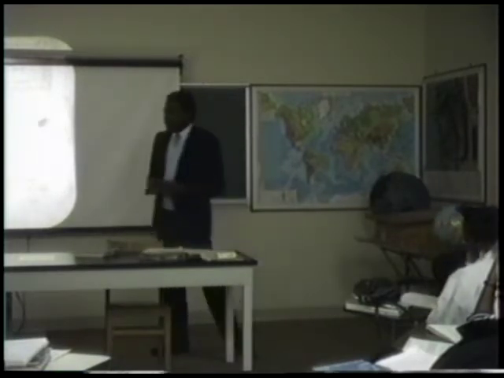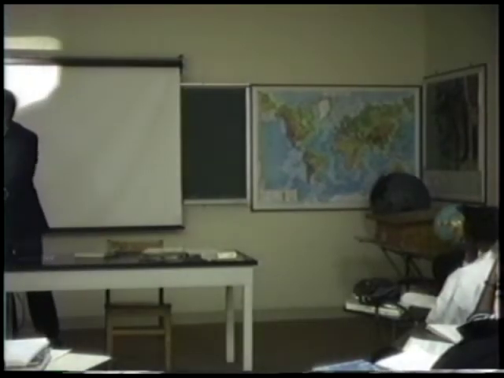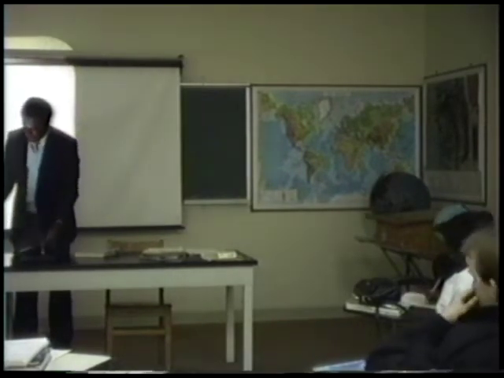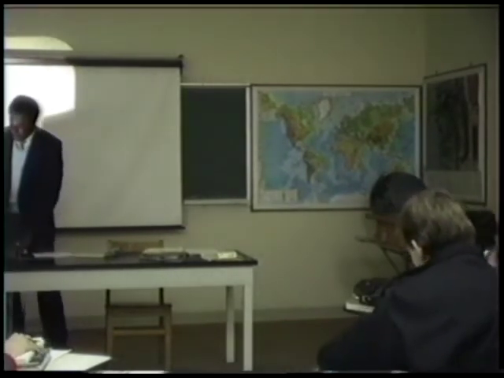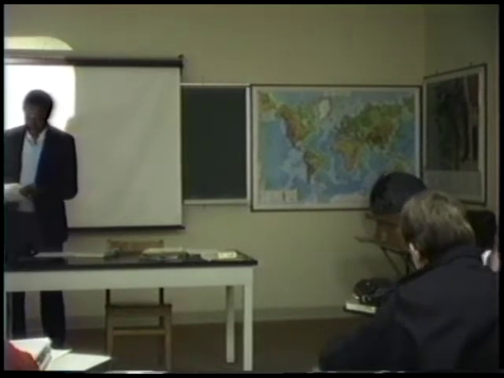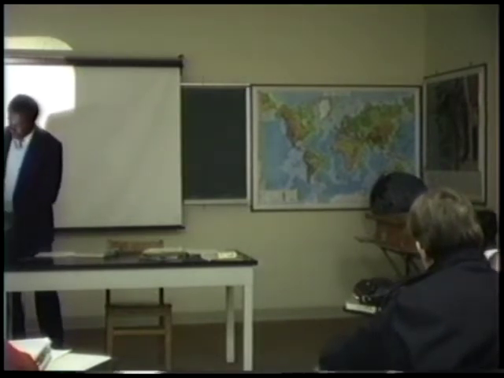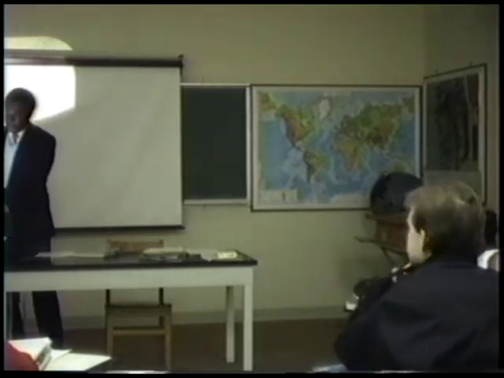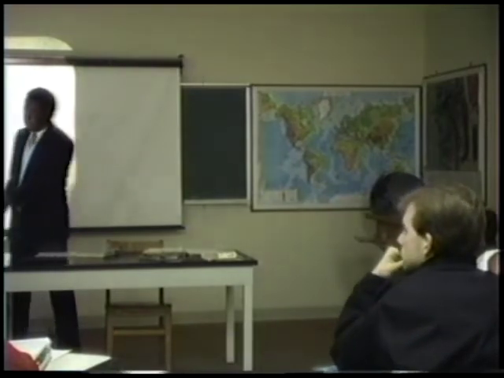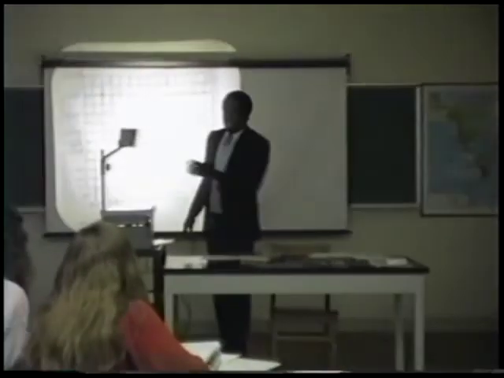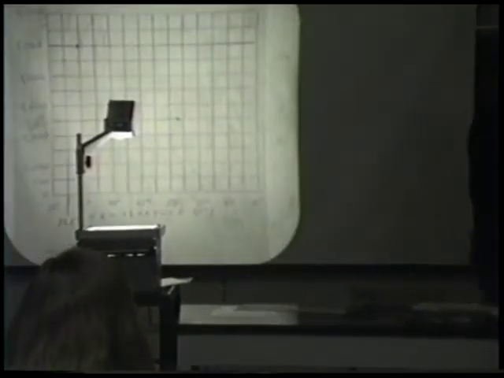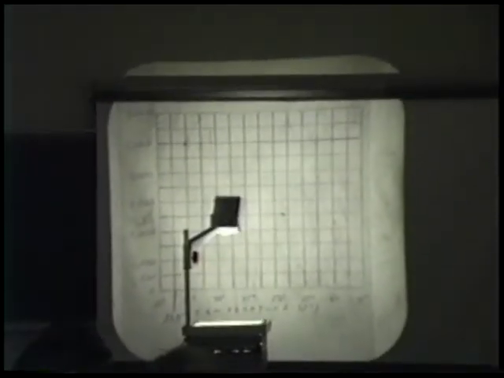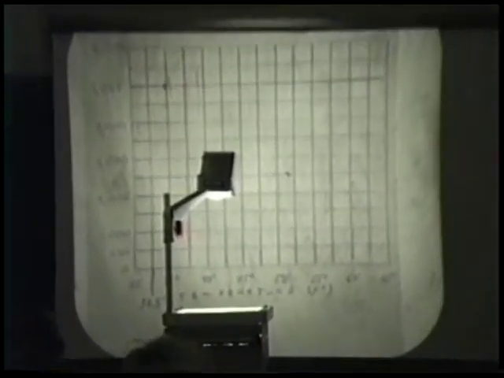Okay, one last thing. And that is a graphic representation of what we've talked about. You can explain the adiabatic rate of heating and cooling by looking at a graph like this.